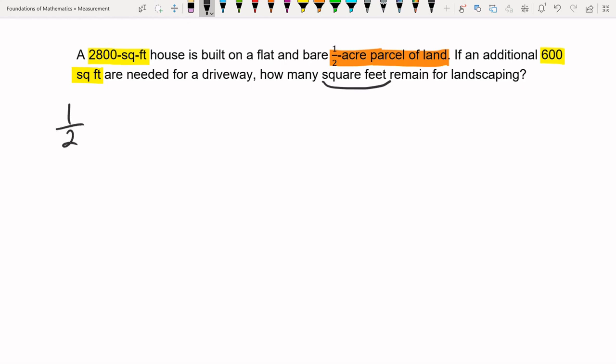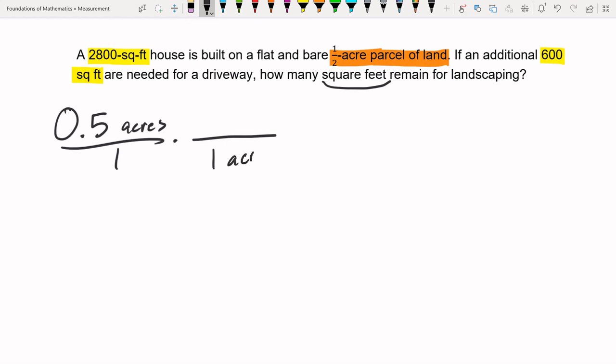So 1/2 acre, that's the same thing as 0.5. All right, this 0.5 acres over 1. Looking at my sheet, 1 acre equals 43,560 square feet.